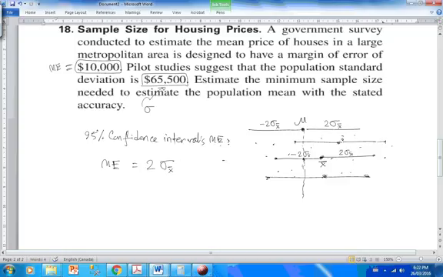This is the margin of error, and this distance is 2 sigma of the x bar distribution. Now I also know that the sigma of the x bar distribution turns out to be the population sigma over the square root of my sample size, that we did several times through our class lectures.